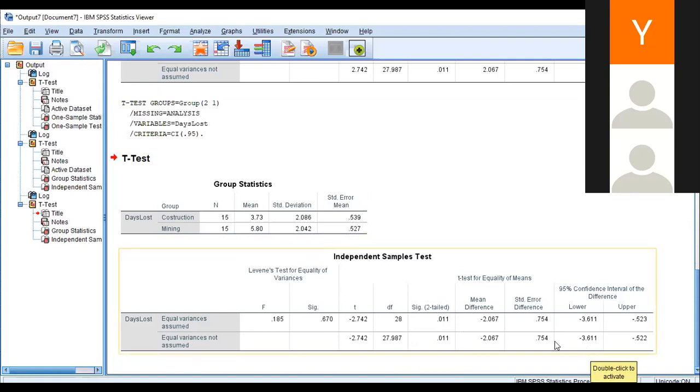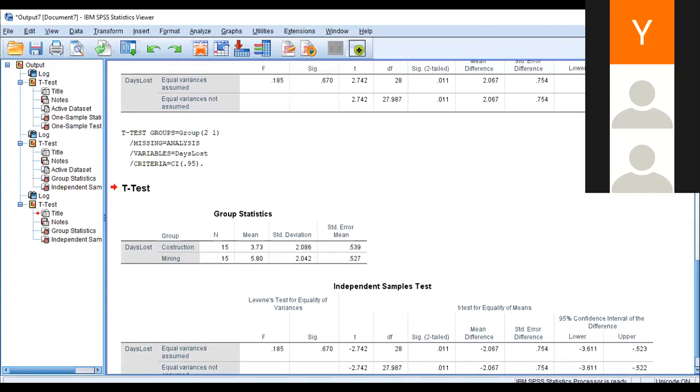It's the same. Look at the confidence interval of the difference in the former one. It's from 0.5 to 3.6. But the second one is from minus 3.6 to minus 0.5.